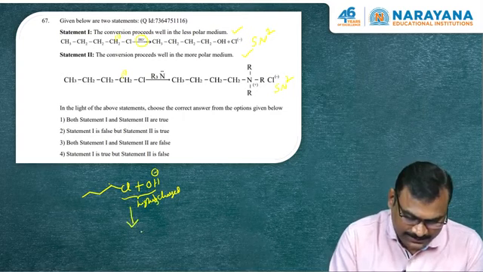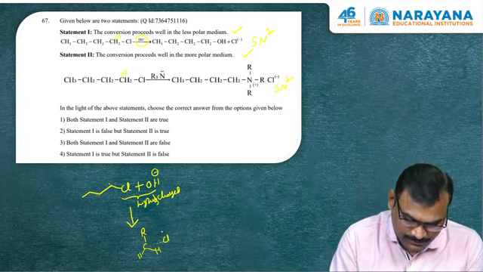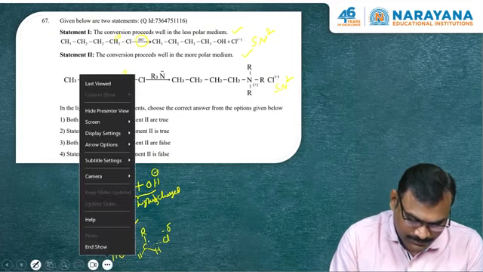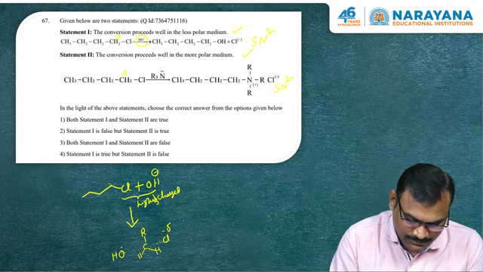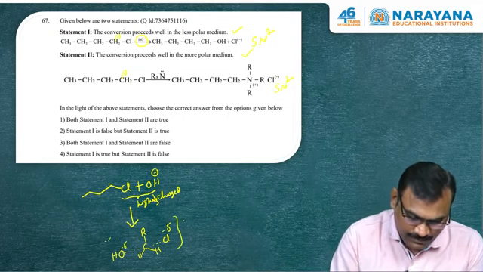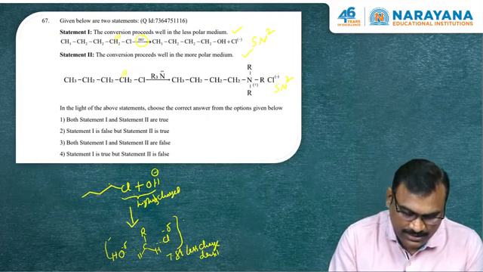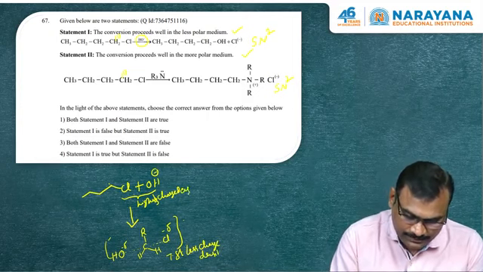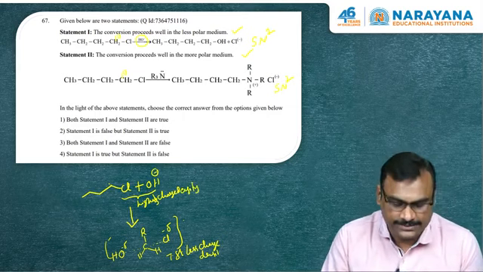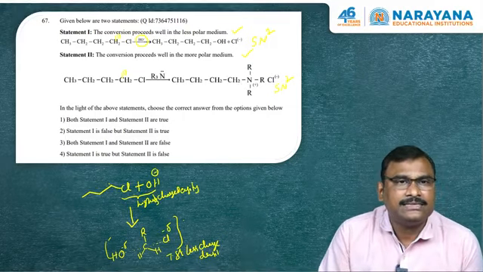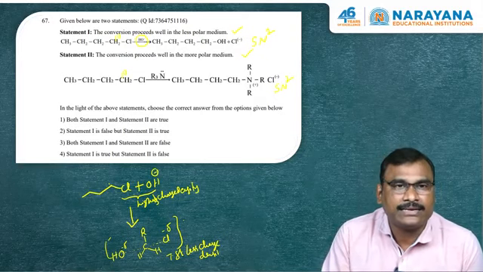In the transition state, less charge density is present. High charge density in the reactants, and the transition state has less charge density when compared to the reactants.